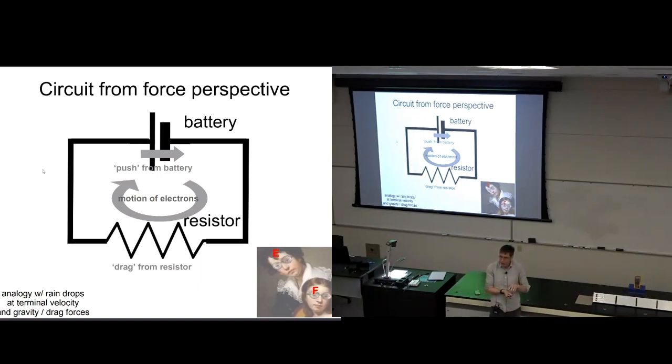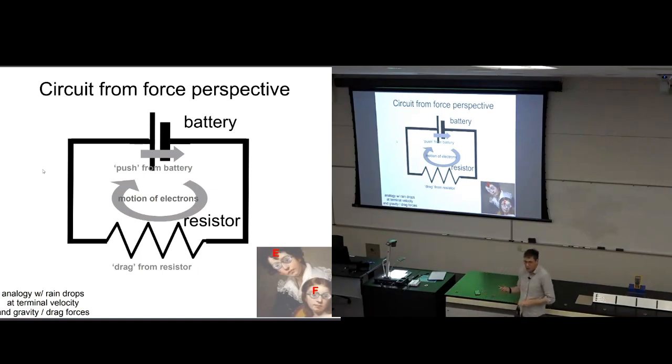In this picture of forces, the resistor is a resistance, a drag on the motion of the electrons around the circuit. So the resistor is resisting this push from the battery, this kick from the battery. It's a drag on that kick or push from the battery.